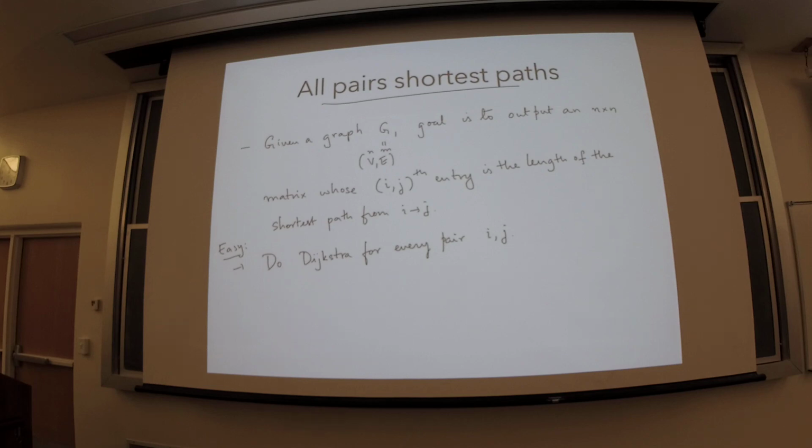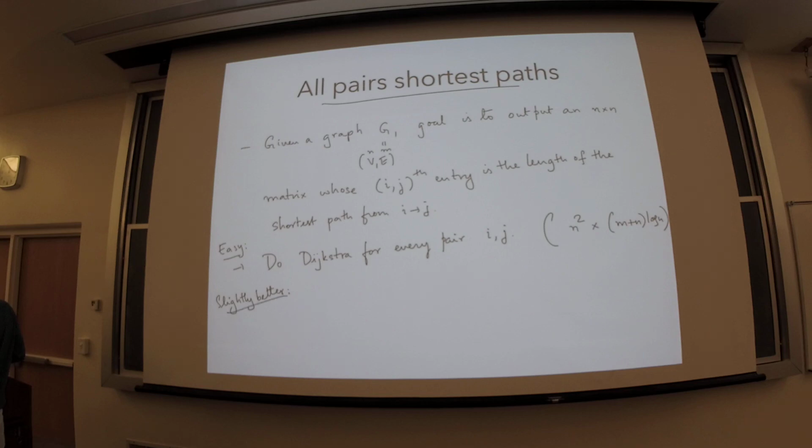So this one would be n squared times the running time of Dijkstra, which is n plus m.